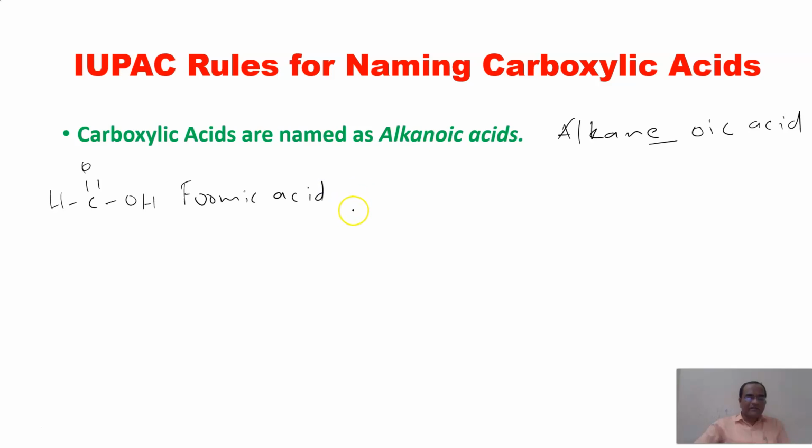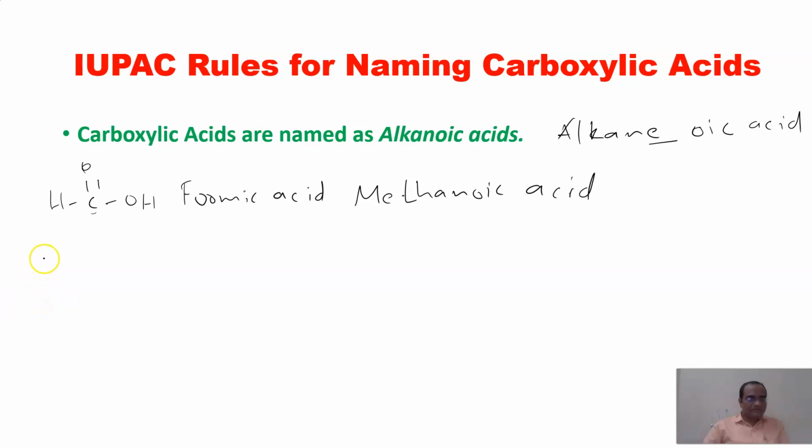But in IUPAC nomenclature, it is called methanoic acid. I have just dropped E and written oic acid. It means that it contains a carboxylic acid functional group. So I have considered this carbon for writing methane. We will take some more examples in this class.